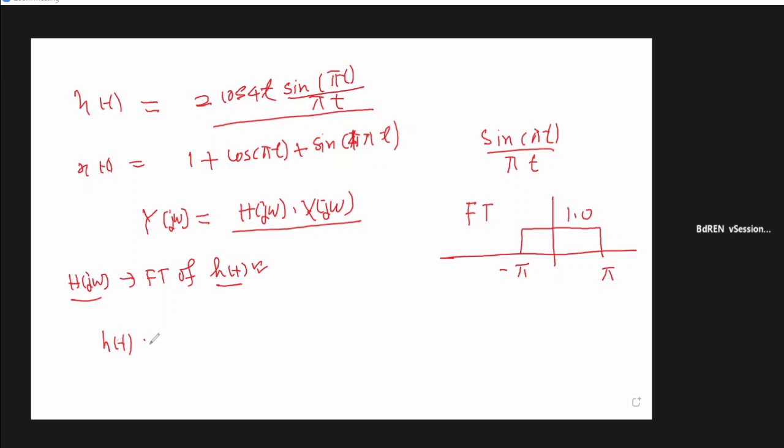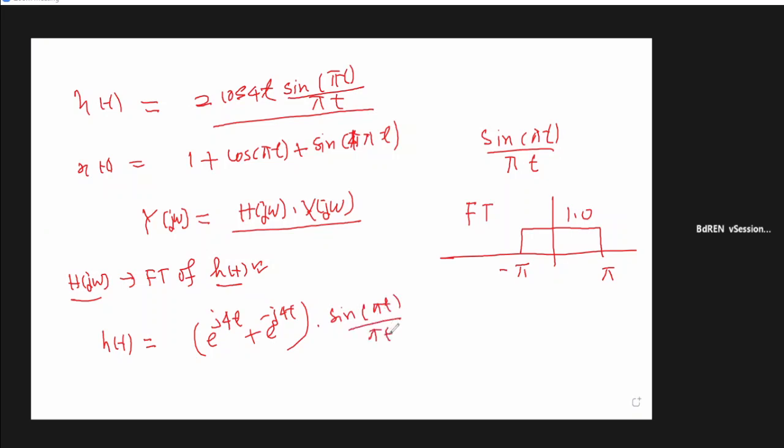For example, cosine 40 can be expressed as e to the power j40 plus e to the power minus j40, divided by 2, isn't it? So you can easily find this in this way, with pi t by pi t.